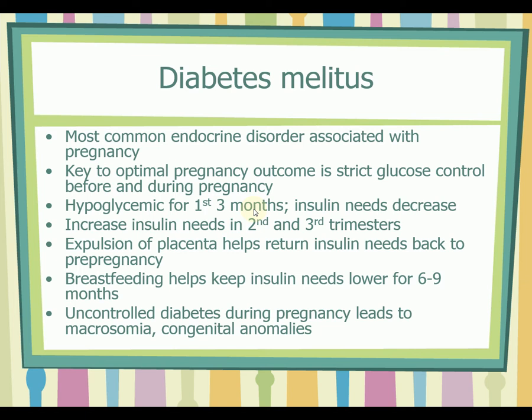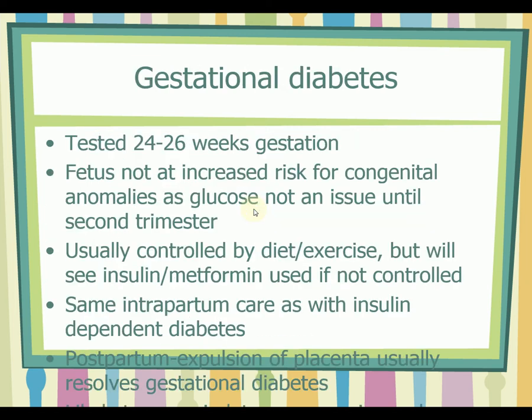The reason that babies are smaller, maybe IUGR babies as well, is because mom has the vascular constriction that diabetes causes, and the placenta does not get as much nutrients and blood flow as if they were gestational diabetic, because gestational diabetes doesn't occur until they're 24 to 26 weeks. So we test them at 24 to 26 weeks. Glucose is not an issue till that second trimester. We've gone over that.